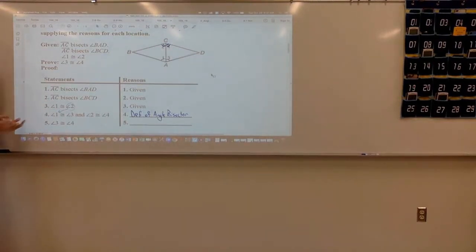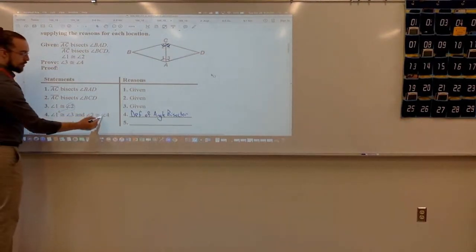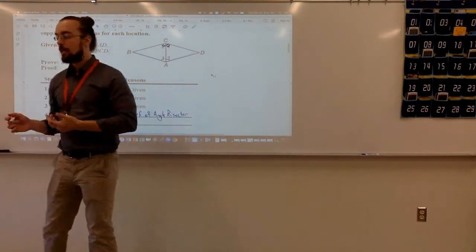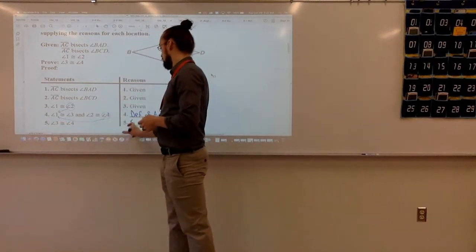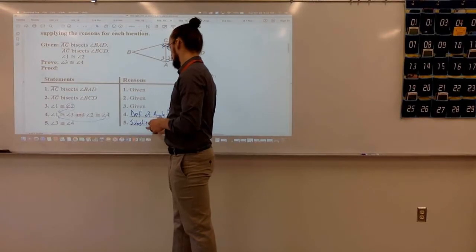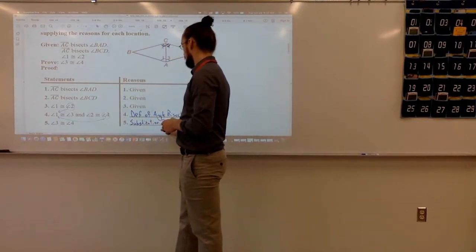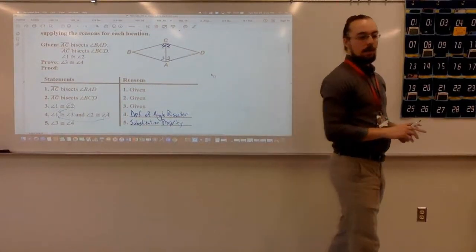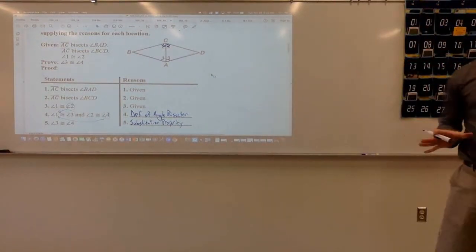And then, if angles 2 and 4 are the same, then I could plug 4 in place of 2 over here to get angles 3 and 4 would be congruent. So what they did was substitution, or we could actually use transitive. Okay. We okay with those?